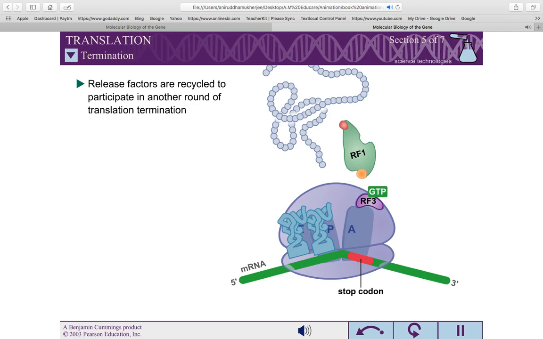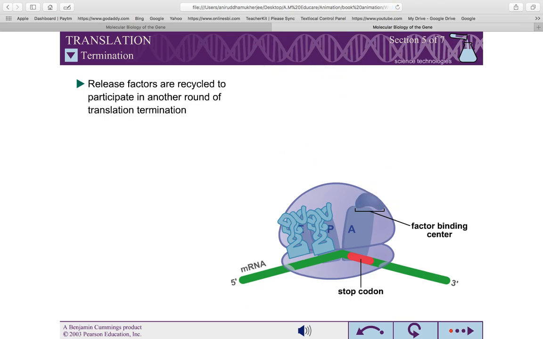This causes the class 2 release factor to push the class 1 release factor off the ribosome. The release of the class 1 release factor allows RF3 to interact with the factor binding center, which stimulates RF3's GTPase activity. GTP is then hydrolyzed on the class 2 release factor. The class 2 release factor GDP complex then releases from the used ribosome.